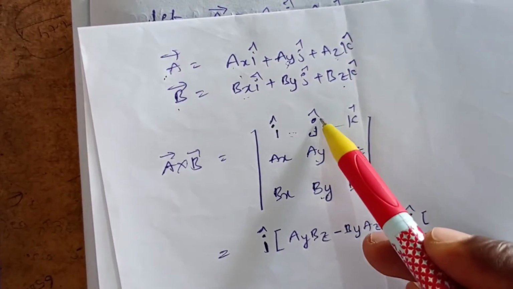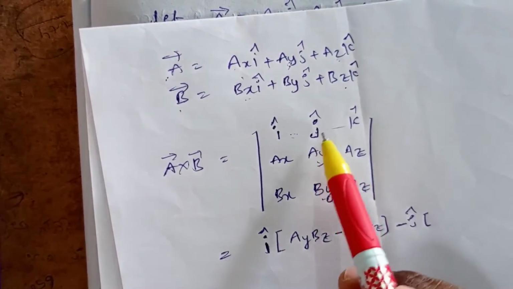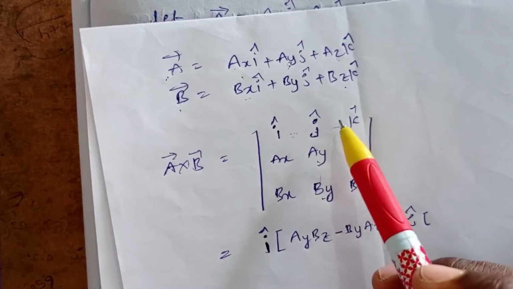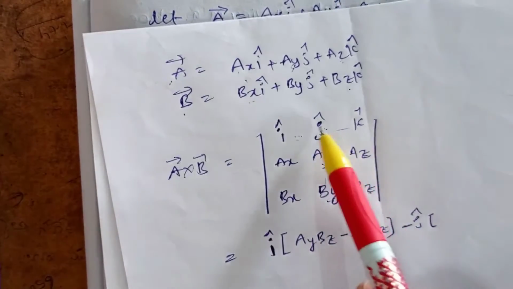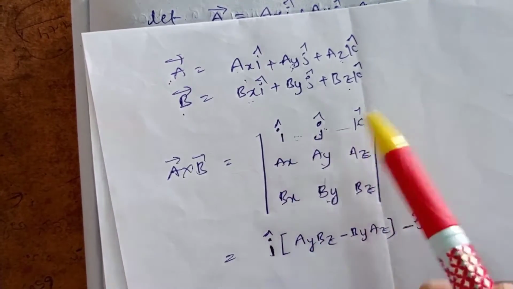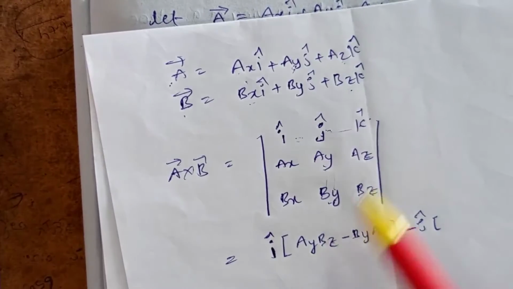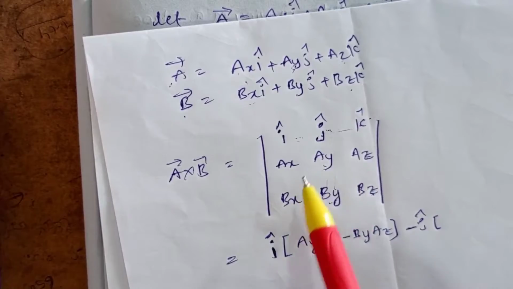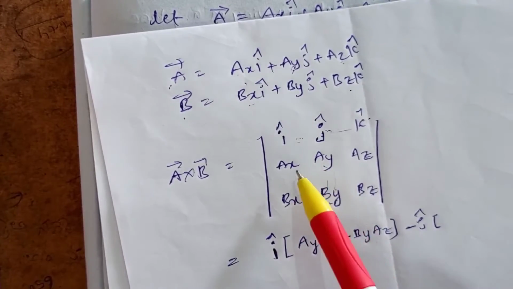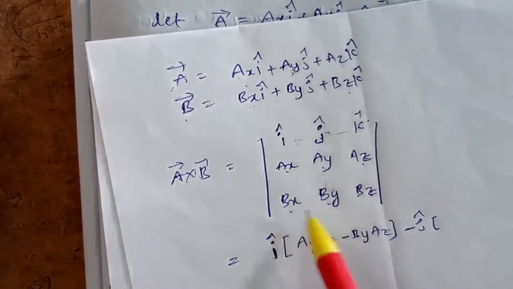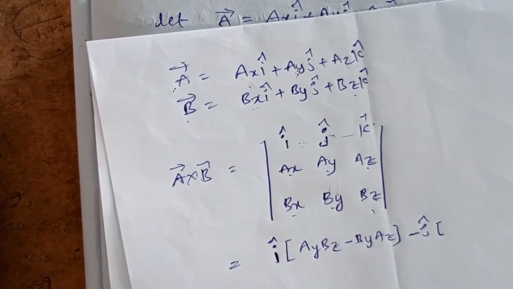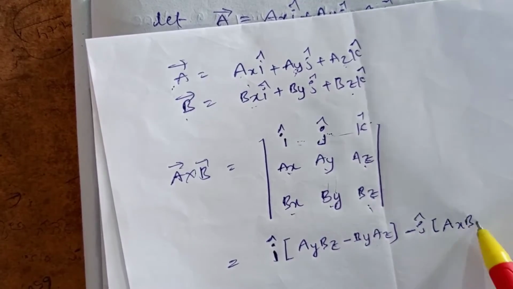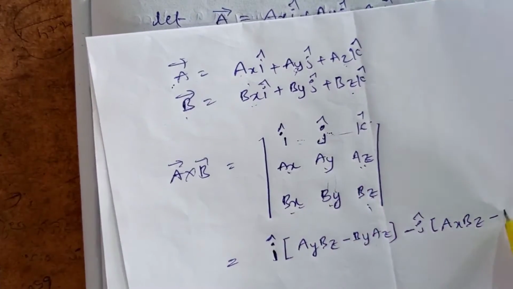When we take j cap, we have to eliminate the first row and second column. So what are the remaining terms? That is ax, az, bx, bz. Now ax bz minus bx az.